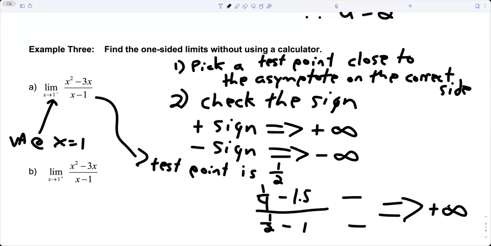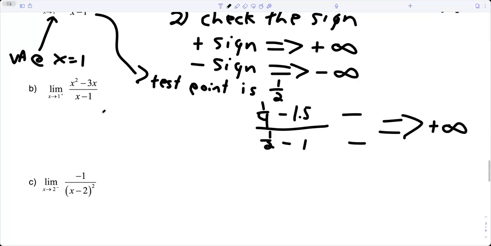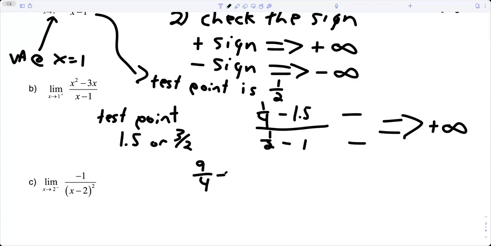Here it's the limit as x goes to 1 from the positive side. So for my test point, let me do 1.5, because that is on the right side of 1. That makes sense? So now I'm going to plug in 1.5. I got 3/2 squared, which is going to give me 9/4 minus 9/2.